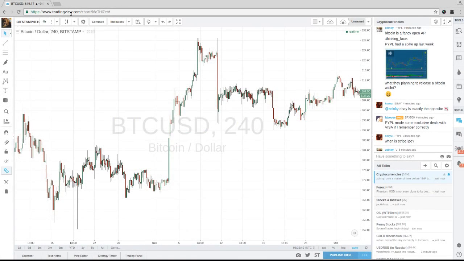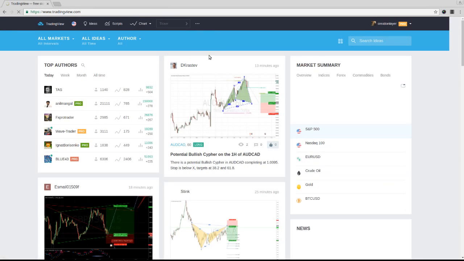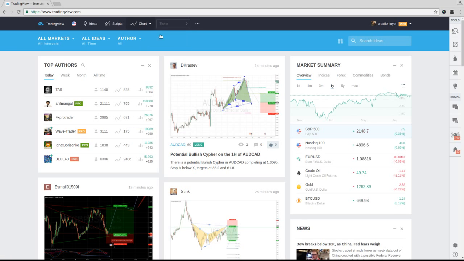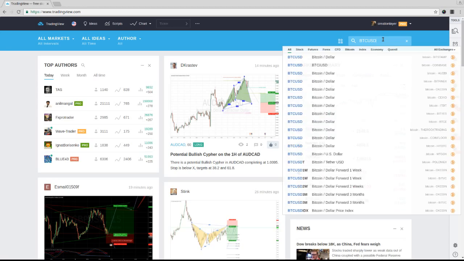Also, if you go to the main page, so if you just go to tradingview.com, you can search ideas. So let's see here. Search ideas. We can do BTC USD. All right.